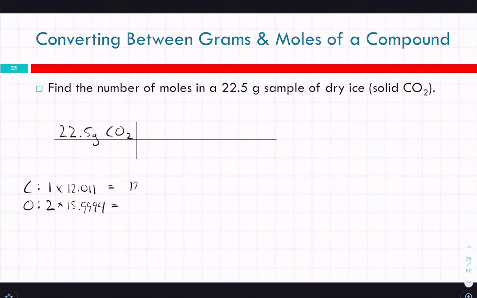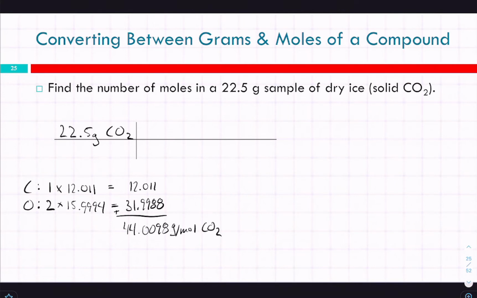So this one's going to be 12.011, and this is going to be 15.9994 times 2, which is 31.9988. Then we add those together, and it's going to be 44.0098 grams per mole CO2.